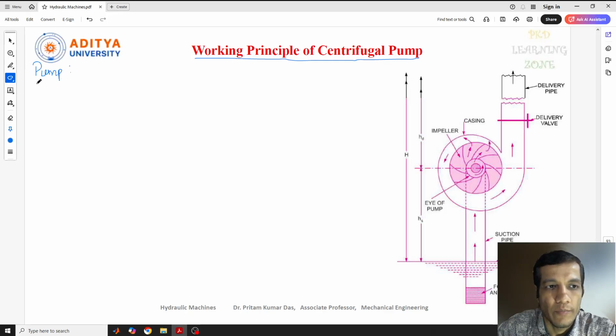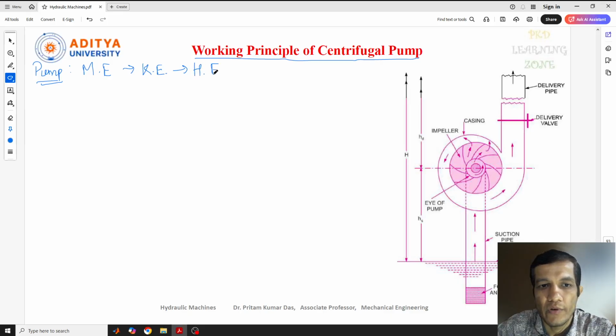So pump is a mechanical device, we know that. You can say a pump is a hydraulic machine which converts mechanical energy into kinetic energy, and kinetic energy into hydraulic energy. So these are the conversions.